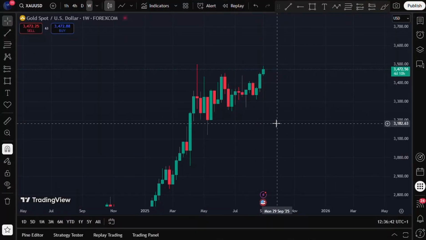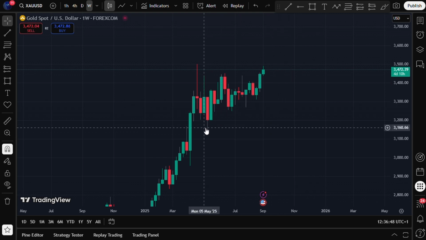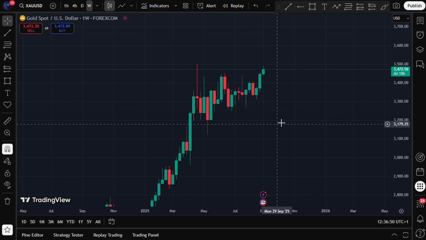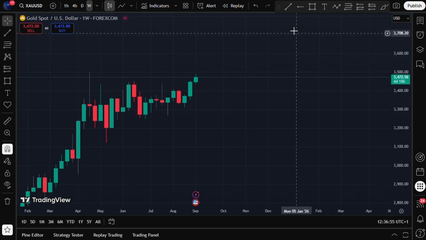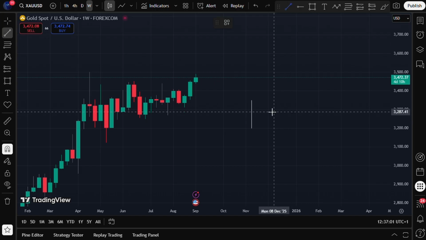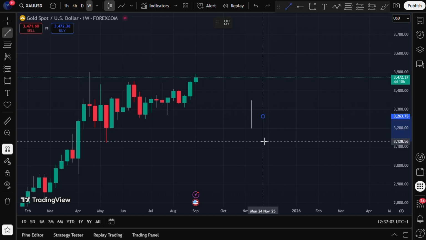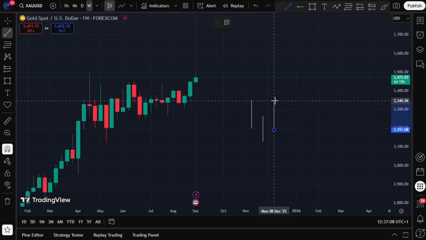The easiest method for you to find a swing low and a swing high is using a 3 candlestick pattern. When I'm talking about a 3 candlestick pattern, you have the first candlestick over here, the second candlestick making a lower low, and the third candlestick making a higher low.